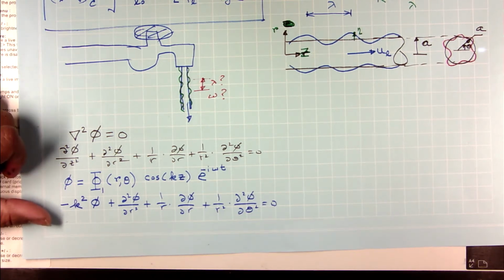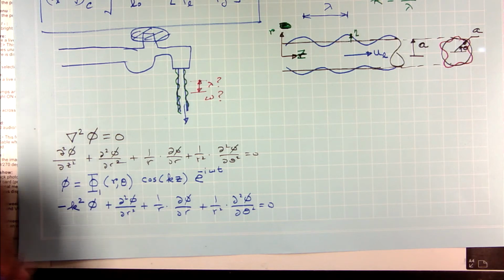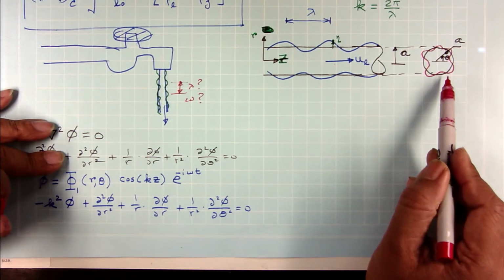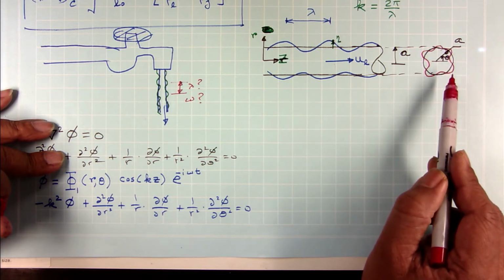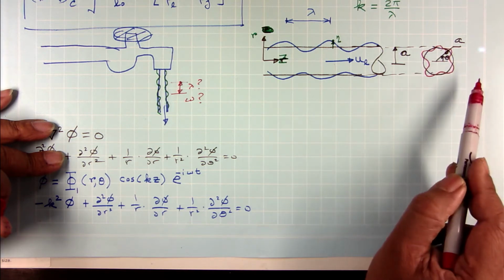Okay. So, the number of ripples in the theta direction is s. So, what is the value of s in this figure? How many ripples are there? How many peaks are there? 5. So, in this case I have an instability with s equal to 5.